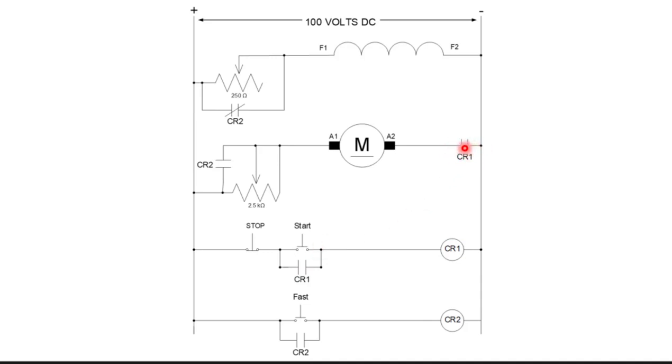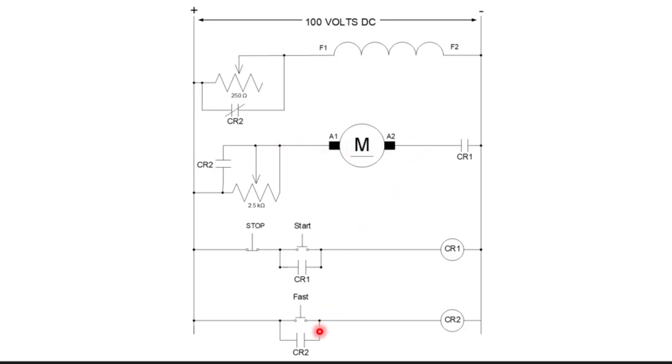This allows current to flow from this direction, can't go that way, through this resistor, through this tap. So I can regulate the amount of current flow a little bit with this adjustment. I can vary the speed with this by varying the armature current.